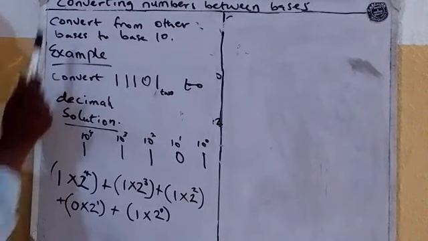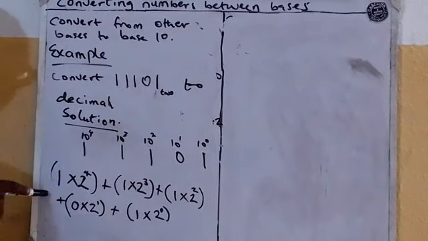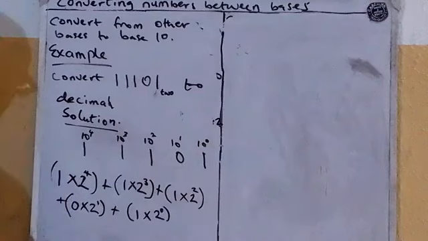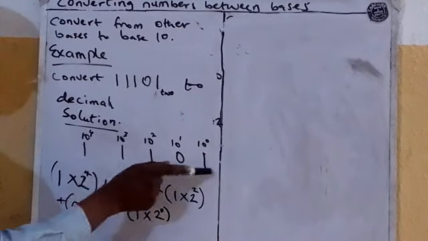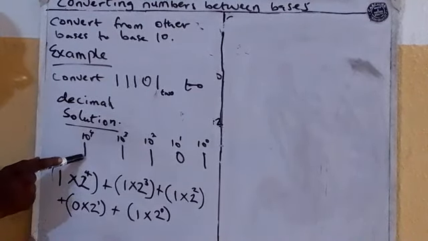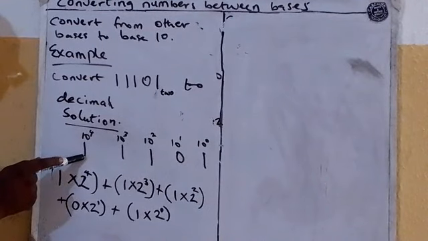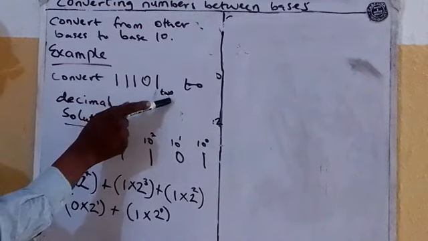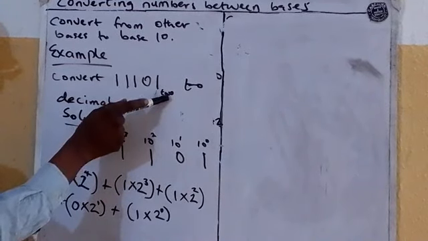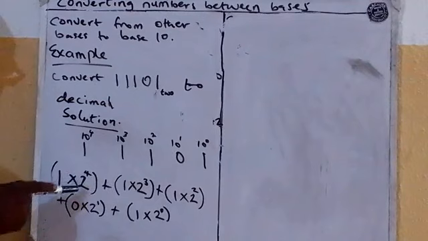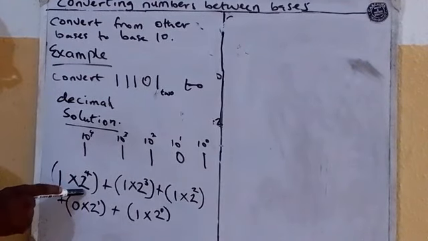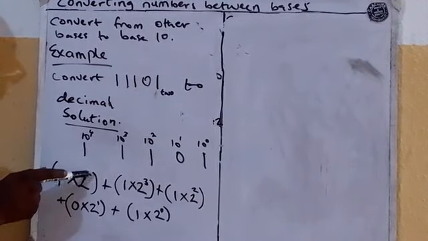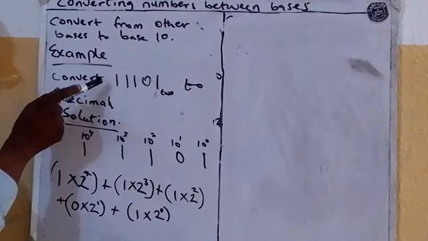So for converting other bases to base 10, the first thing you do is to take each of the individual digits and multiply each of them by the base. If it was base 3 here, that you want to convert to decimal, what you will multiply by each of the digits is 3. But the powers here depend on the position of the digit.